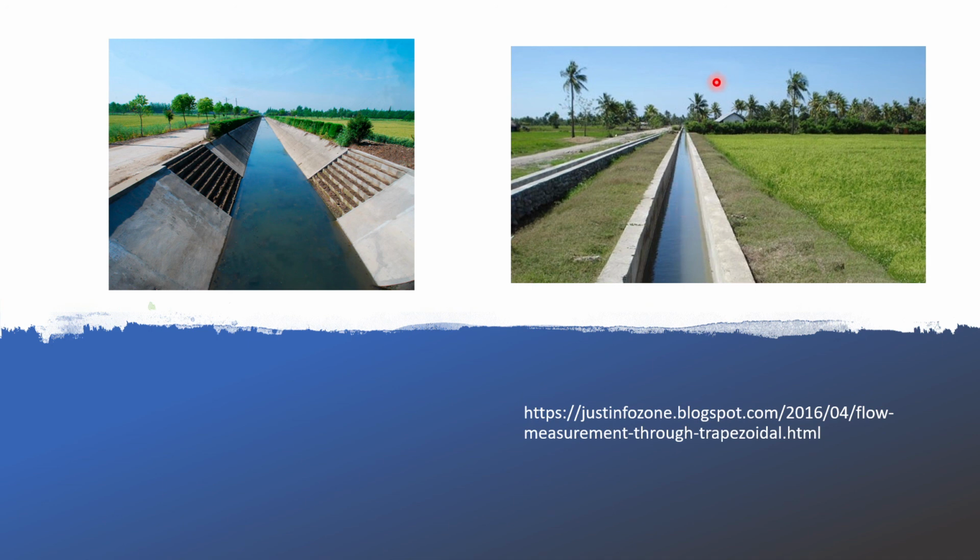So you can see this irrigation channel where the water is supplied to the paddy. And this is an example, not from our country, of a trapezoidal channel. I took these pictures from this website, so you can read about them from this website also.